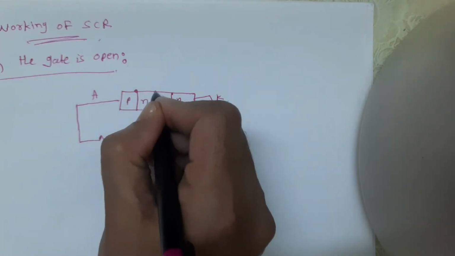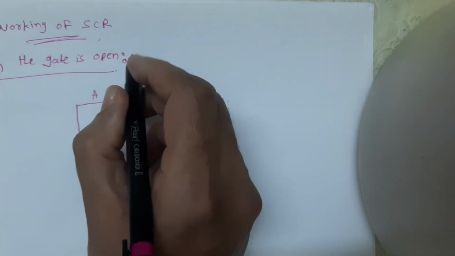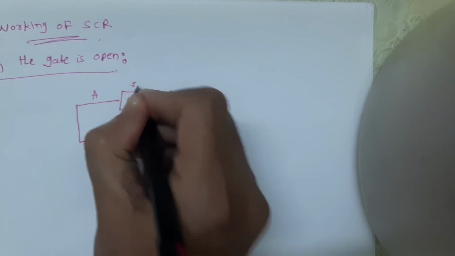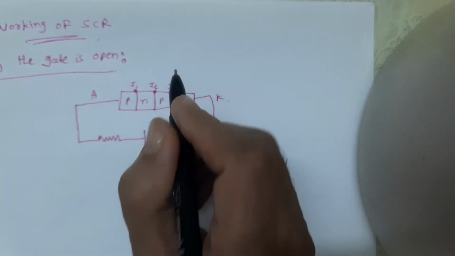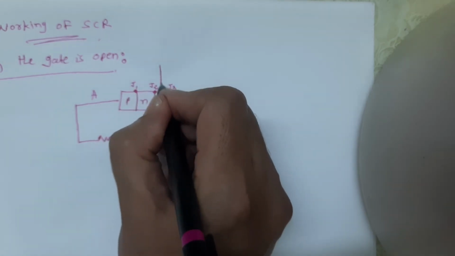This is junction 1, junction 2, junction 3, and this is your gate.